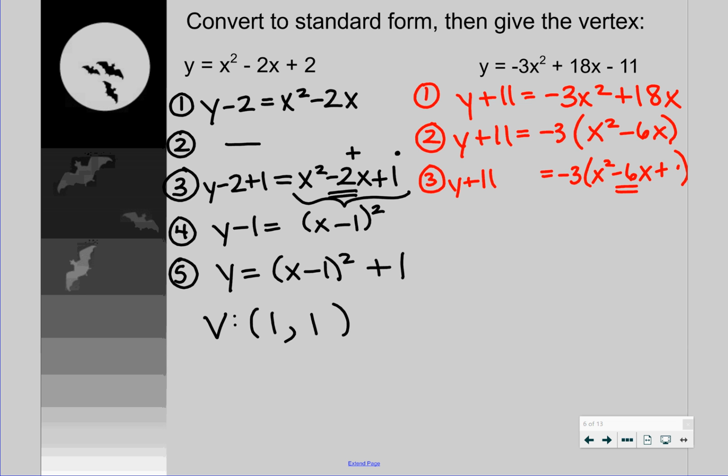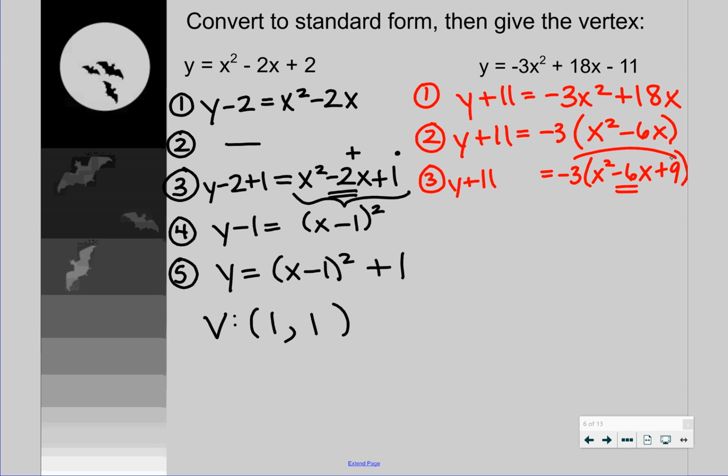plus 9. Okay? What do I add to the other side to balance that out? Hint, the answer is not 9. It is negative 27. Where does that come from? Yeah, when I put something inside the parentheses, even though it looks like I'm adding a 9, that 9 is multiplied by negative 3, right?